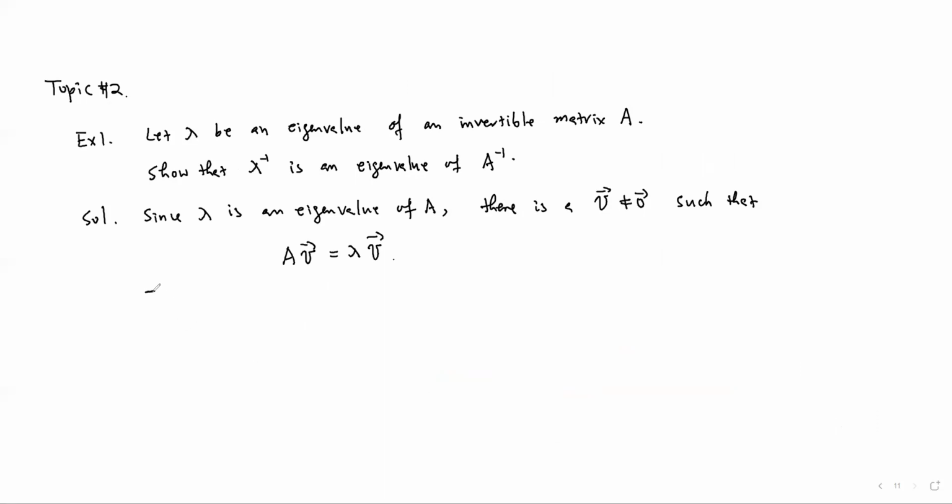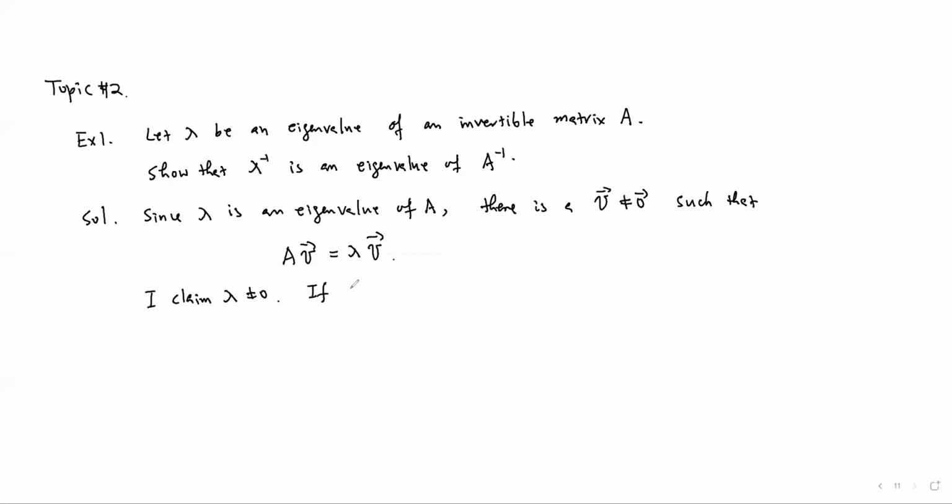First I claim that lambda is non-zero. Why? Because if lambda is 0, then lambda to the power of -1 is not defined, not computable. Why is lambda non-zero?